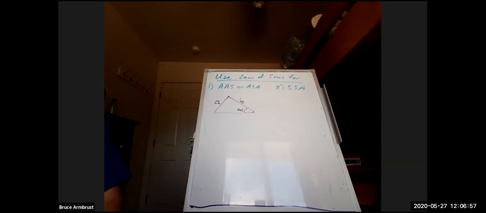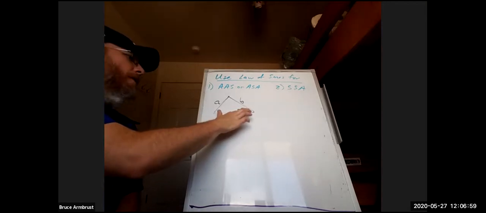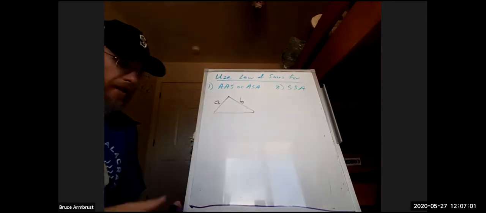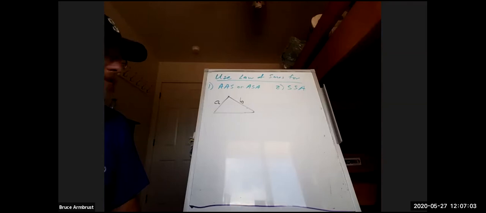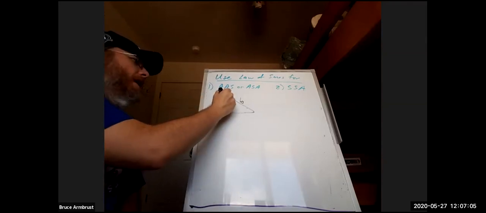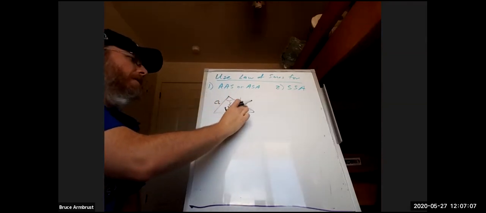However, you can probably also see why it won't work for side-angle-side. Because if it was side-angle-side, then we know the angle in between these two, and there is no way to get C. And just in case anyone's thinking, yeah, use the Pythagorean theorem, we can't use that.